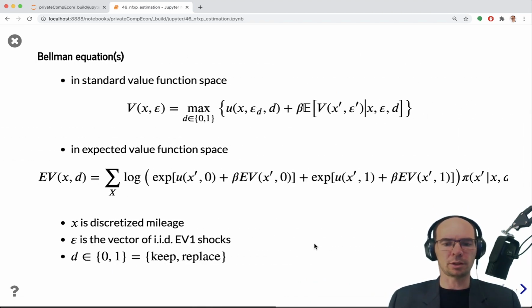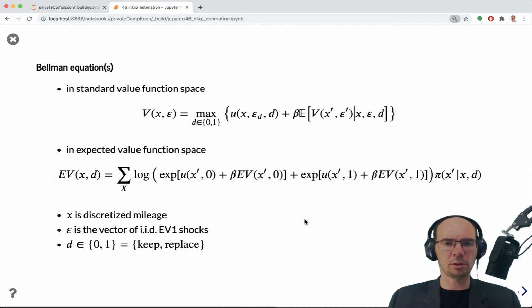So let's remind ourselves about the main equations in the model. We have the value function with two variables in the state space, the mileage, which is discretized into bins, and this continuous vector of IID extreme value type 1 shocks, which we will be integrating out, but which will give rise to the choice probabilities of the logit type.